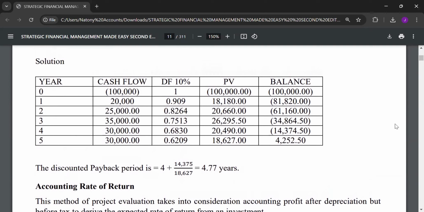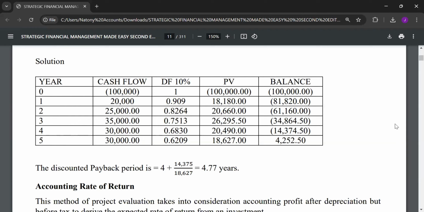So this is the cash flow table. Before you do your deductions, the first thing you want to do, the outflow will always remain the same because in year 0, the discount factor will be 1. And that will still take you to 100 negative.